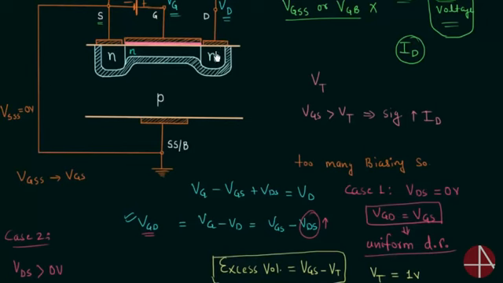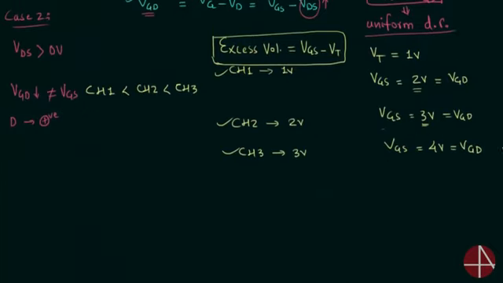So because of this, the width of channel will reduce and the width of depletion region will increase. And this is happening because there is reduction in the attraction forces for the negative charges, and due to this, the width of depletion region will increase in this region.